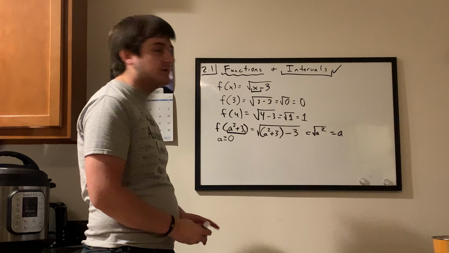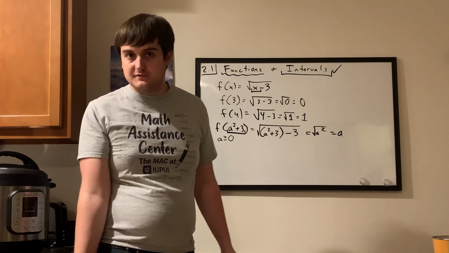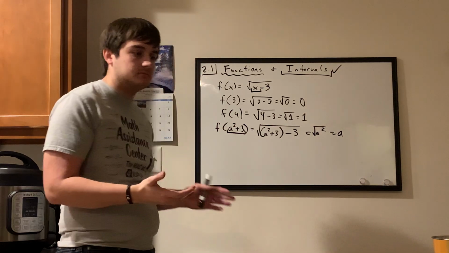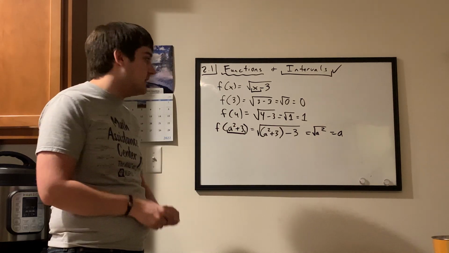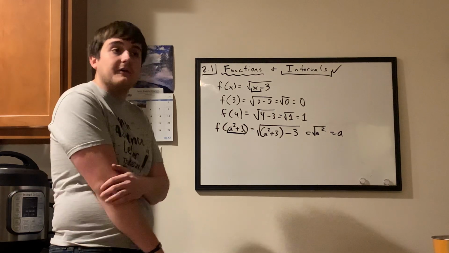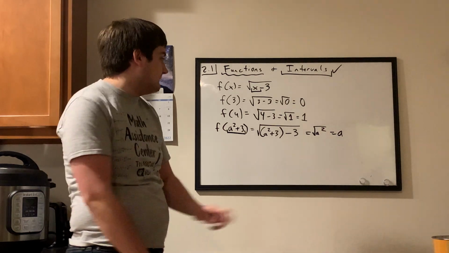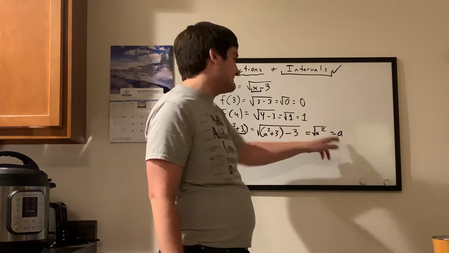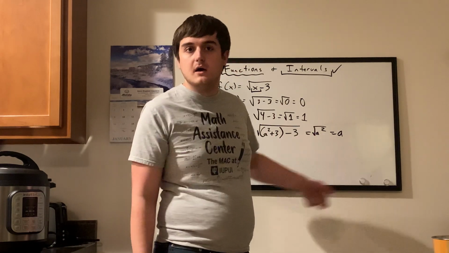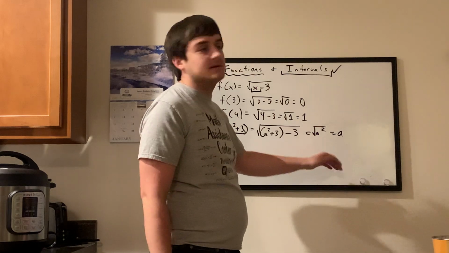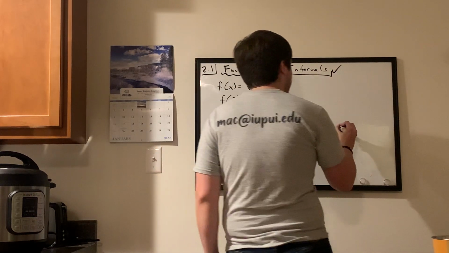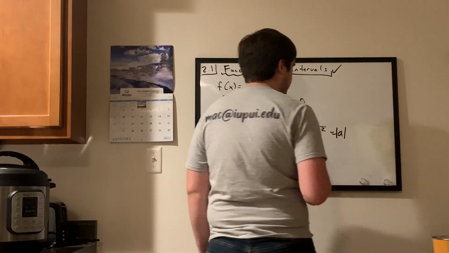Now, what if I didn't know a was greater than or equal to 0? What if I didn't have that condition? Well, we always need the square root to be positive, right? We talked about that earlier. It should only spit out one value, right? But if a is negative, then this definitely can't be right, because the square root isn't going to give me a negative number. So anytime I have the square root of something squared, I'm going to do the absolute value of it, right?